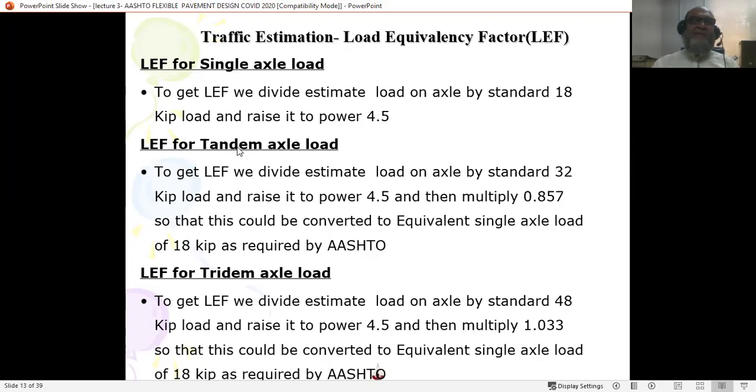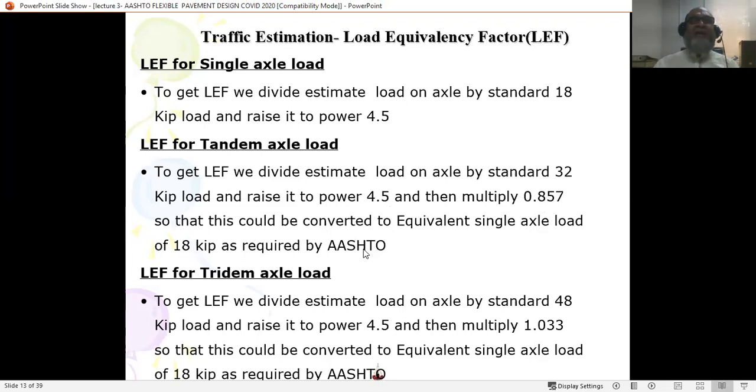Now, for tandem axle, first we divide it by the allowable 32 kip load. This is the maximum load that is allowed on a tandem axle by H2. So we divide the given tandem axle load by 32, raise it to the power 4.5 and then multiply it by 0.857. So what we have done here is converted the equivalent tandem axle load to an equivalent single axle load by multiplying by 0.857.